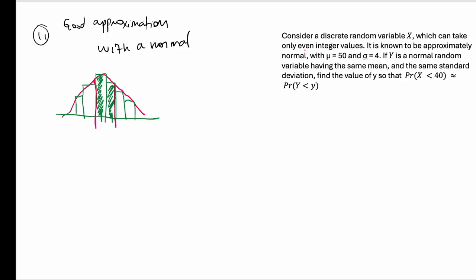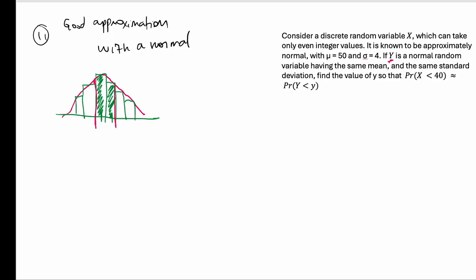X can only take even integers and has a mean of 50, standard deviation of 4. Now another variable, y, is a normal. So it's continuous, right? So it is a normal random variable having the same mean and the same standard deviation. It has to have the same mean and standard deviation because it's a good approximation. It fits the curve, the histogram.